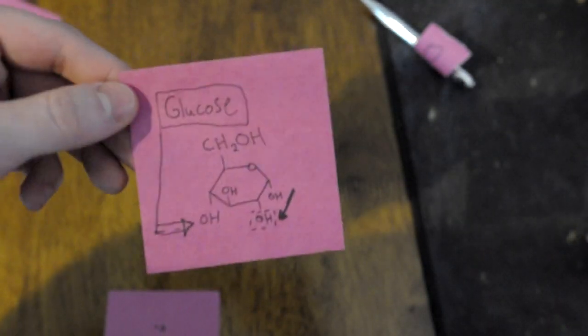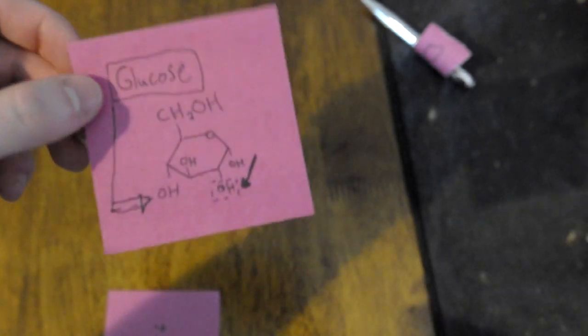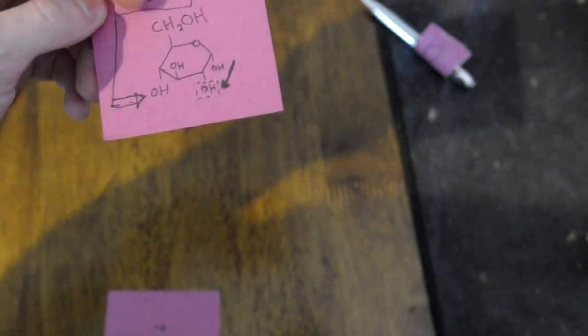So, for dehydration synthesis, we have the glucose molecule, which is a carbohydrate. It has mainly hydroxide groups, hydroxymethyl groups, and of course it has the carbon ring.